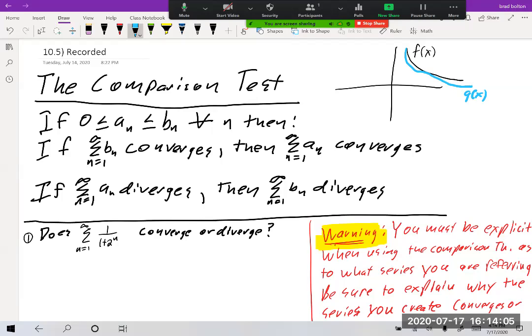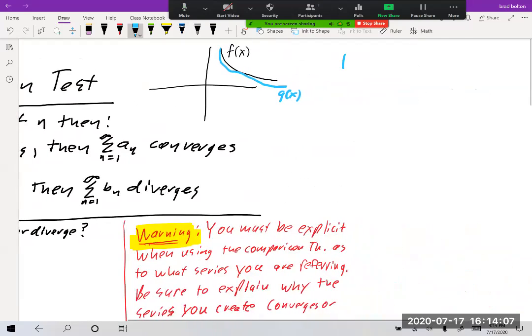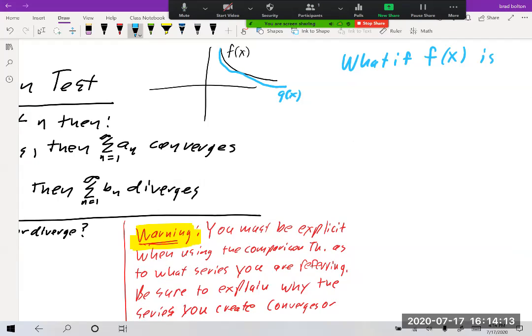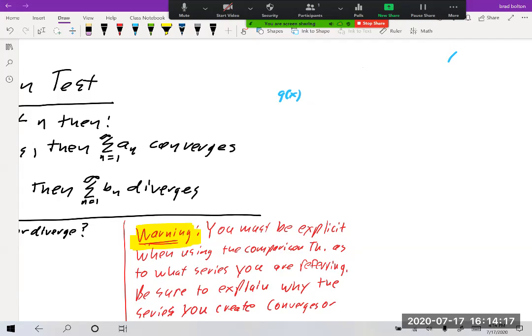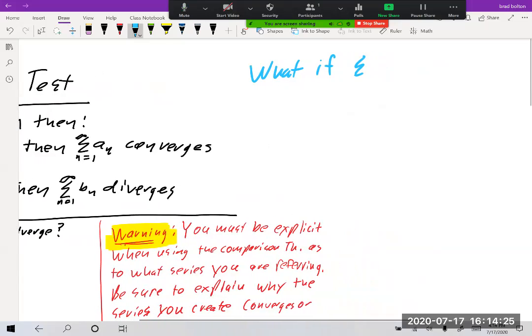Now, what if we find out that f of x is divergent? Let's scrap the graph for a second and think about the series. What if I find out that the bigger series, b sub n, is divergent?